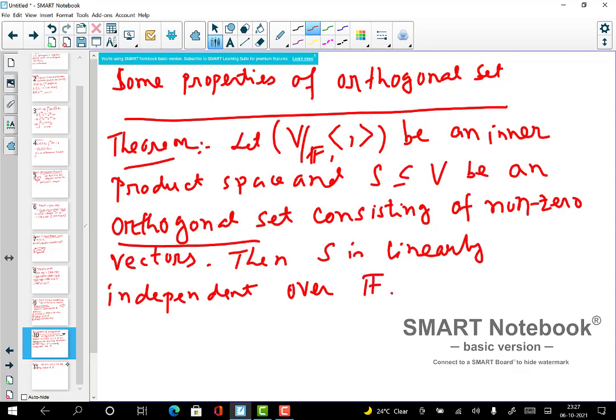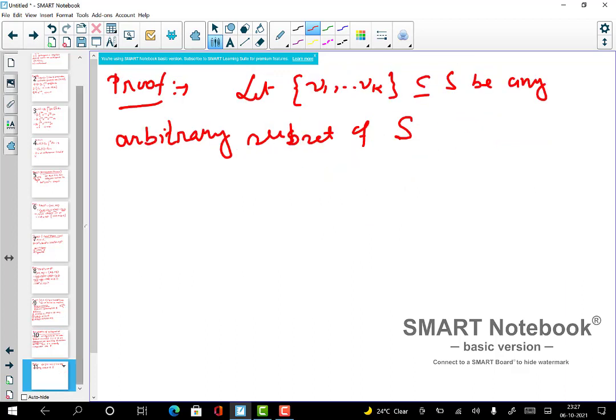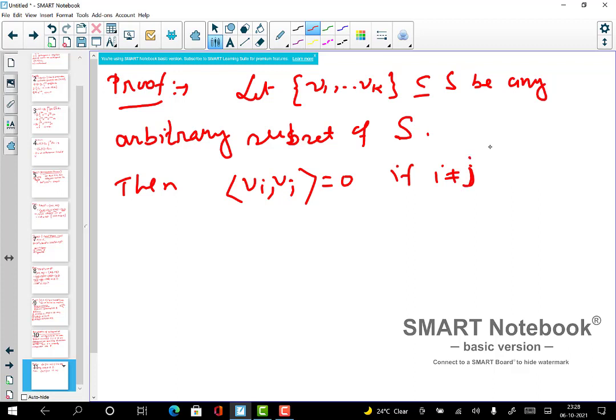So what does that mean? Then you know that the inner product of vi and vj equals 0 if i is not equal to j, and if i equals j, then this is the norm of vi squared, which is not equal to 0. This is known to us. Okay.